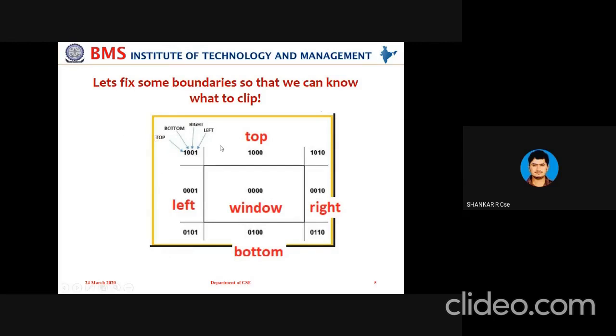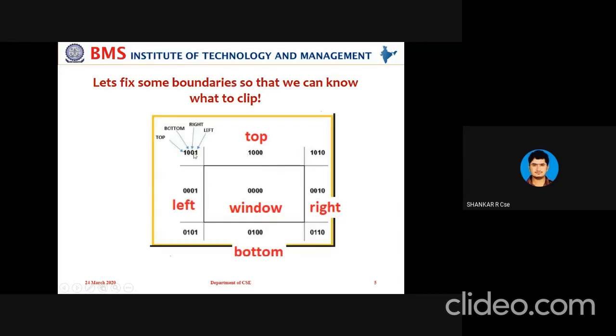For example, how do I make my machine understand that the line or the pixel is at the top region? I'll make my top bit 1 and the bottom, right, and left bits 0. So if the pixel is at 1000, that pixel is at the top.